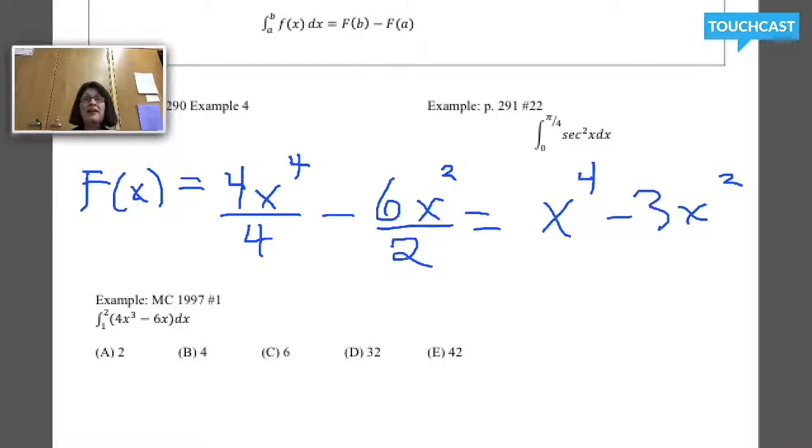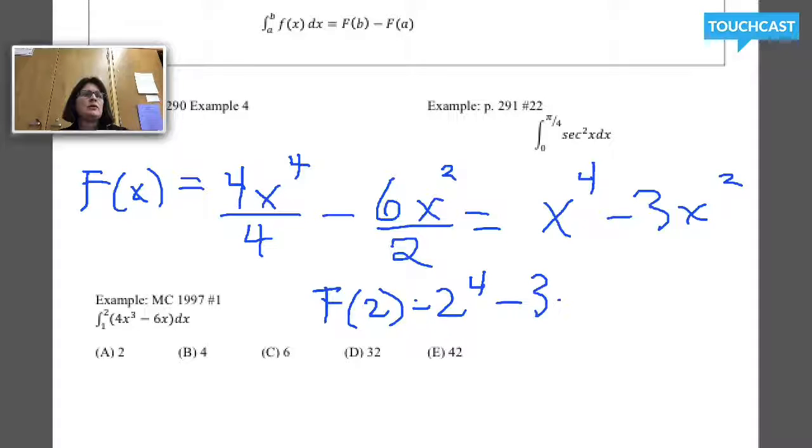So can I evaluate this definite integral? Yes. I'm going to find F of 2 and subtract F of 1. Like I said, we're going to learn some better notation to use, but you can answer this question now. So I'm going to write myself a note that F of 2 is 2 to the 4th minus 3 times 2 squared, which is 16 minus 12, which is 4.